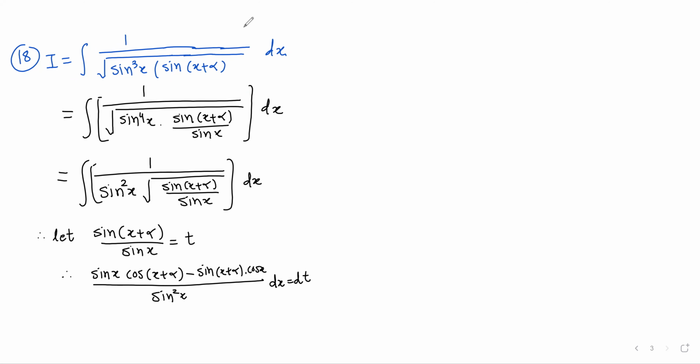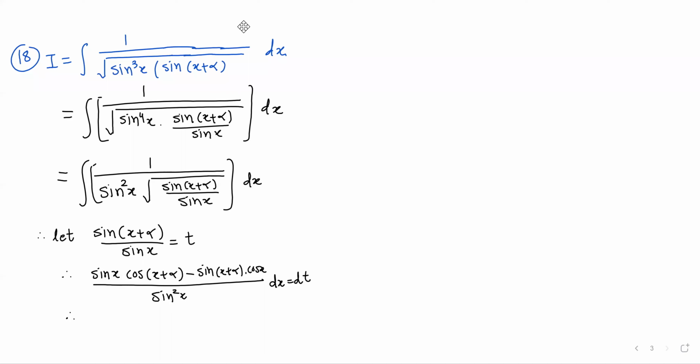Now again, as you know, this is a formula for sin A minus B. Applying the u by v rule, the derivative of u by v: there sin x is the denominator.